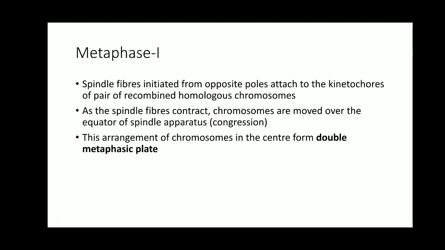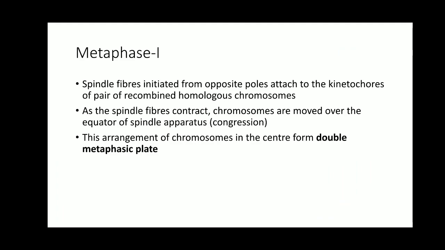When the chromosomes are aligned at the equatorial region, it is known as equatorial plate or metaphasic plate. Here in metaphase 1, there is no single chromosome, but a pair of chromosomes aligned at the equatorial region. Therefore, a double metaphasic plate is going to be formed, right?